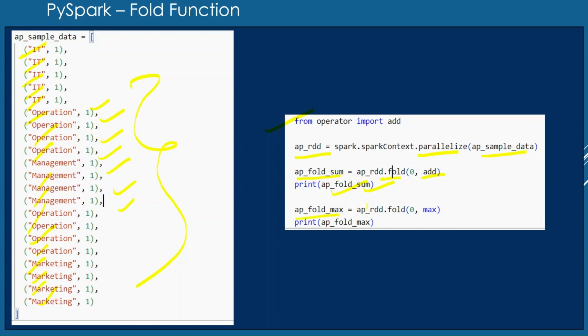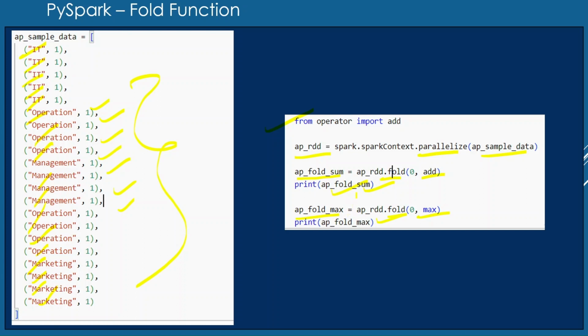The same goes for max. Here it is the max function. We are going to apply the max aggregate function on this fold function, and whenever we print it, it will give you the max value which is present in the fold.